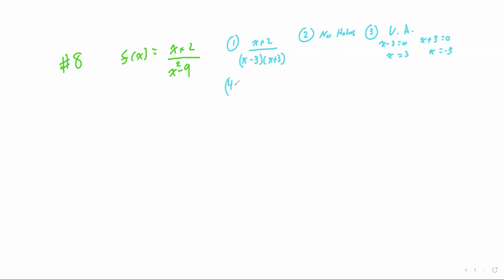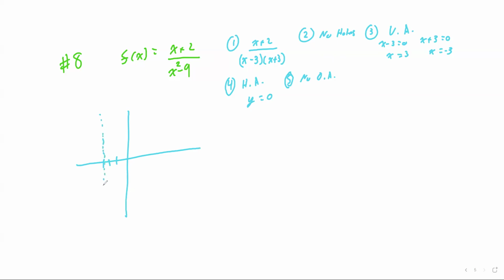Horizontal asymptotes: the denominator is greater than the numerator in the degree department, so that means y equals 0. And because I do have a horizontal, there are no oblique asymptotes. So I can kind of sketch the graph here. So I see I got one at negative 3.